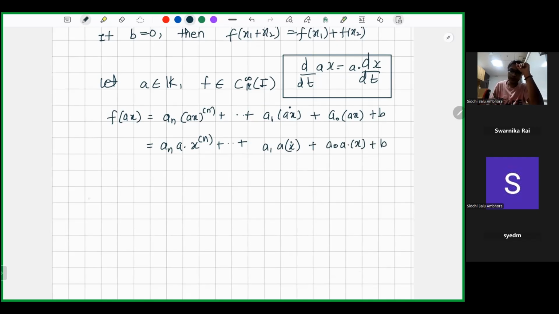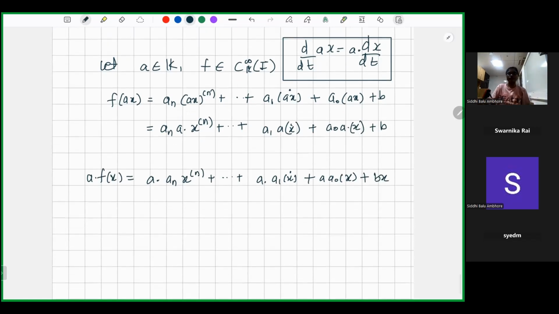And when I take this a into f of x, then this is a into an x^n, and so on, a into a1 x dot plus a into a naught x. When I'm writing this a naught x, this is not a evaluated at x. This is a function x itself, plus this is bx.